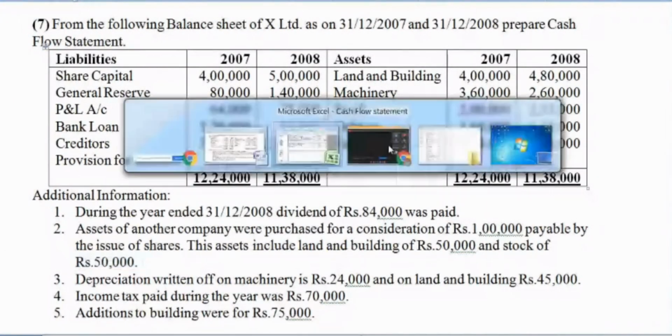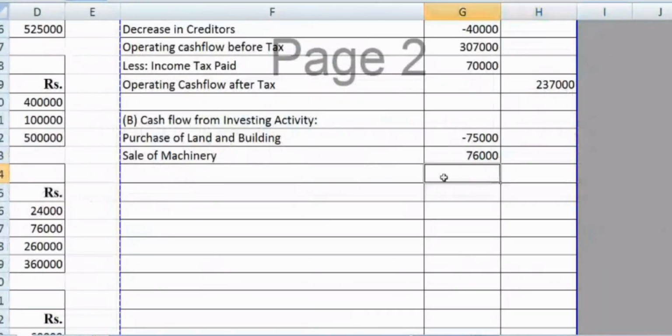This only two are investing activities. So what is the final answer? 1,000, yes sir, correct? Net investing cash flow.